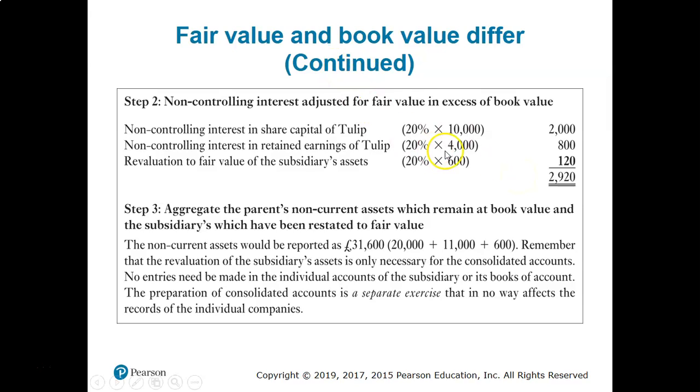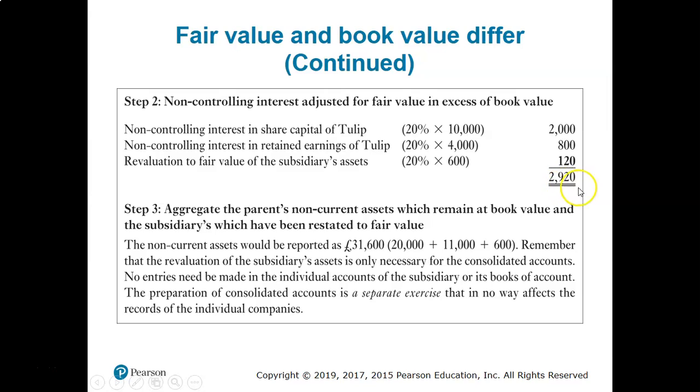Also, I told you in the main financial statements what will be the changes in the non-controlling interest. Non-controlling interest was previously 2,800, but because of the increase in the value of assets, 20% of this 600 increase will go to the non-controlling interest, 120.